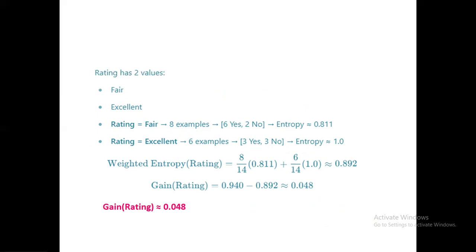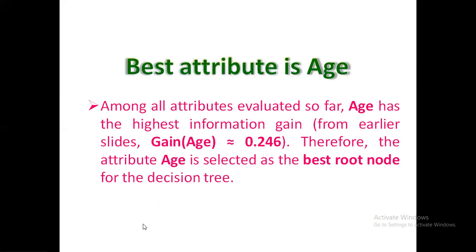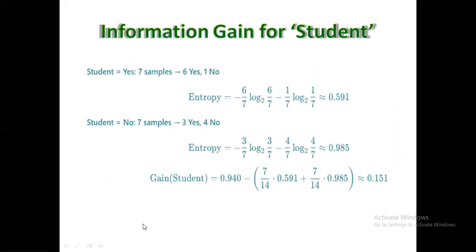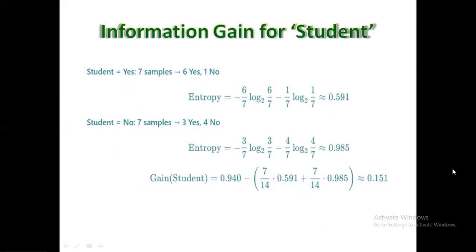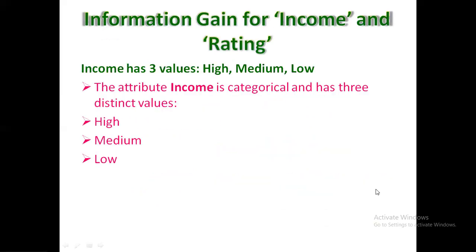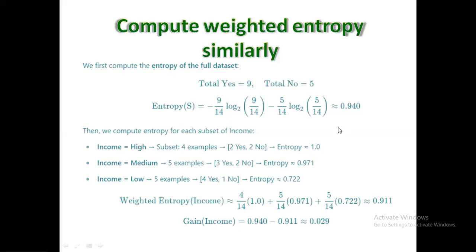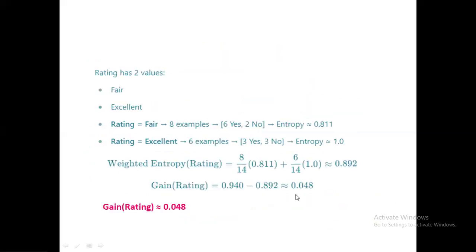So we have found the gain values for all the attributes. The best attribute here is the age. What is the gain for the age? 0.246. For student 0.151, for income 0.029, and for rating 0.048.